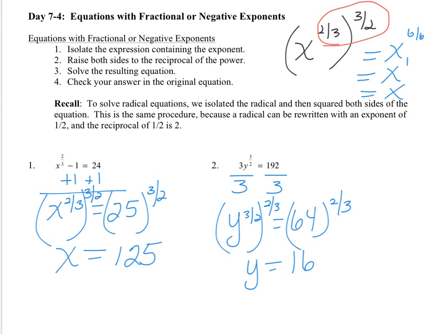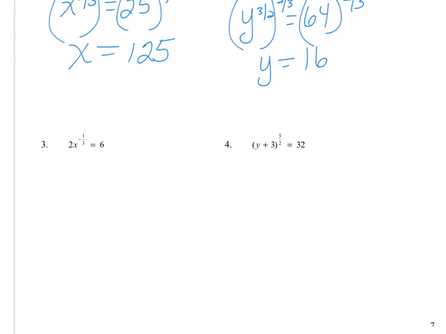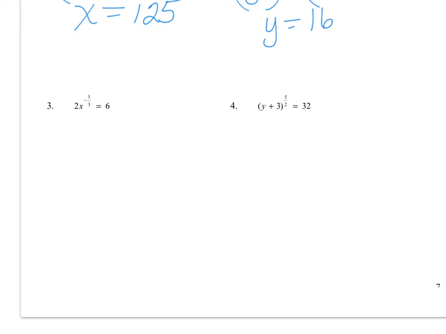Let's skip number 3 and move down to number 4. With number 4, we have an actual binomial that's being raised to the 5/2 power. So basically, the binomial and the exponent is already isolated.